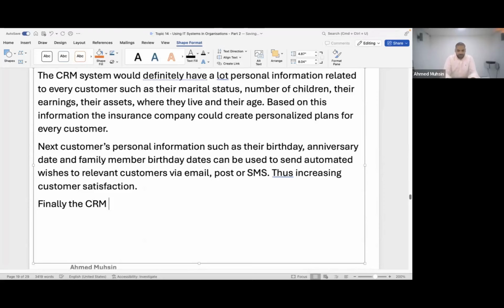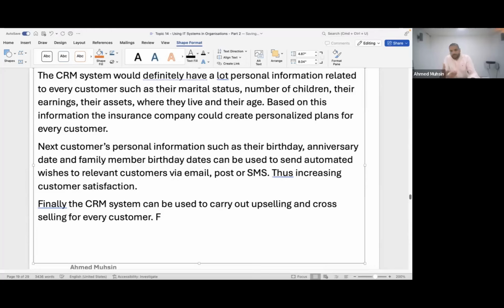the CRM system can be used to carry out upselling and cross-selling for every customer. For example, now show the examiner you know what you're talking about.